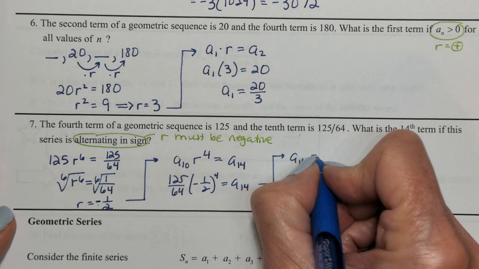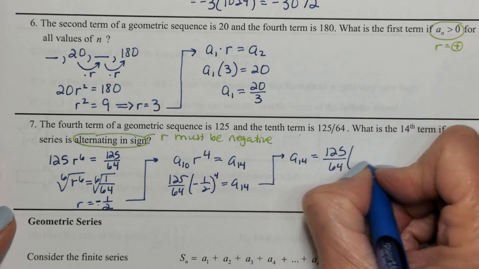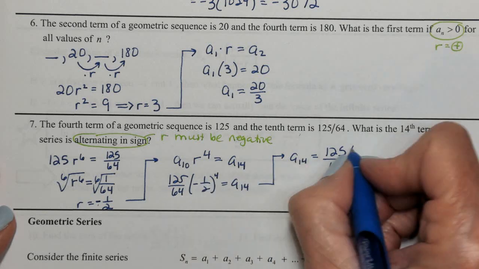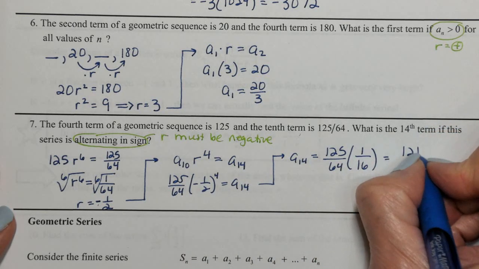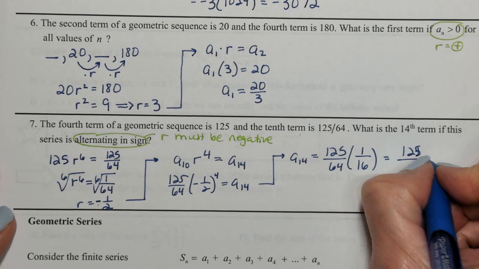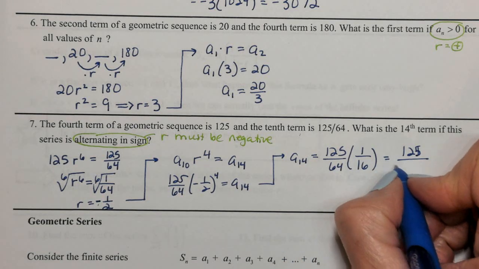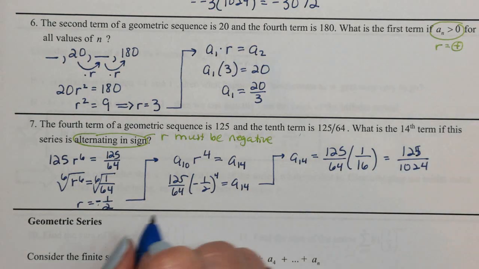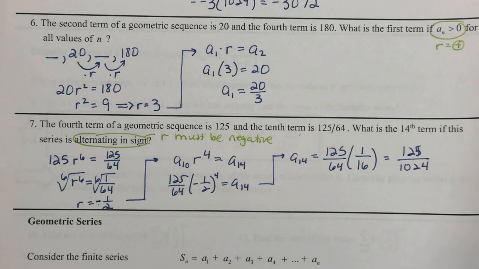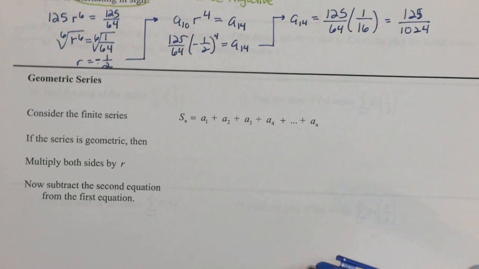So my 14th term is 125 over 64 times positive 1 over 16, and that is 125 divided by 1024. I came off to the side and multiplied that earlier. I couldn't do that one in my head. I could do the other ones we've done in my head, but not that one.